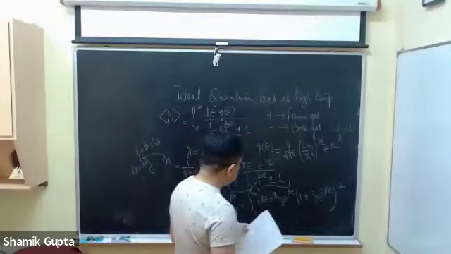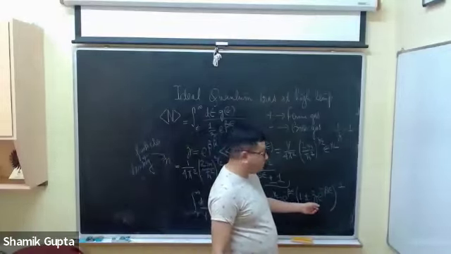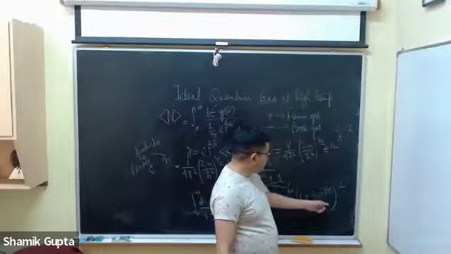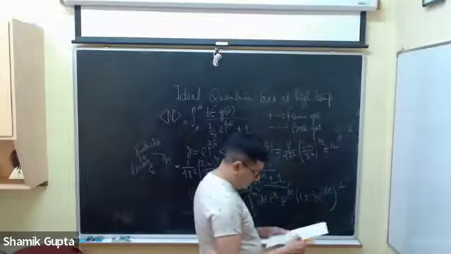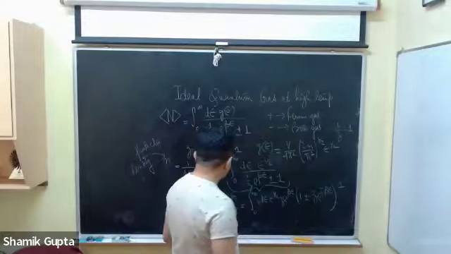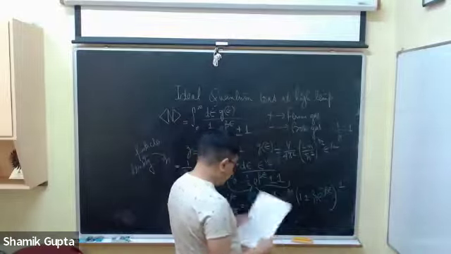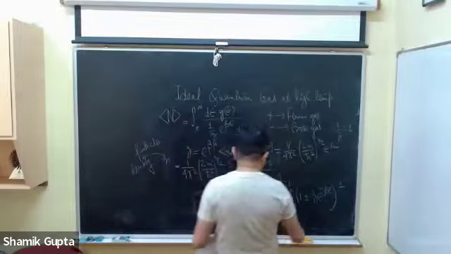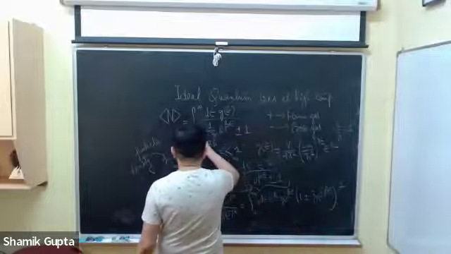And now since z is much smaller than 1, I want to do a Taylor expansion on this quantity. To do a Taylor expansion, I need to do a transformation of variable. So let me do that.